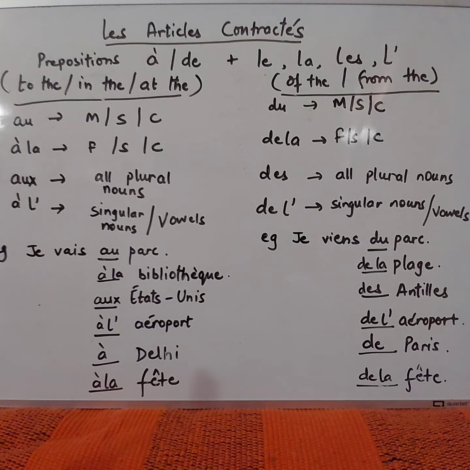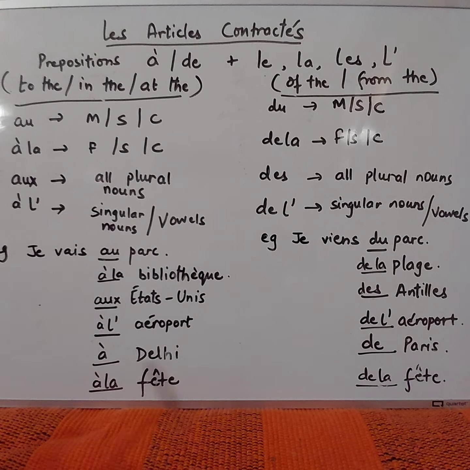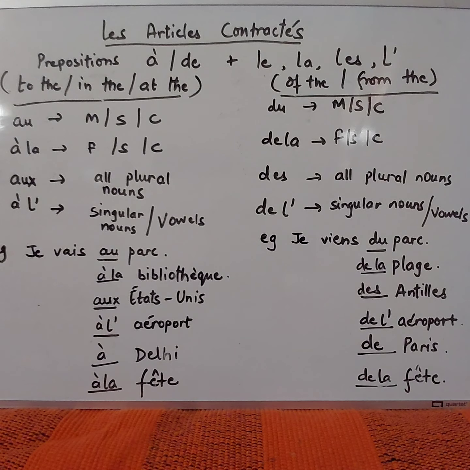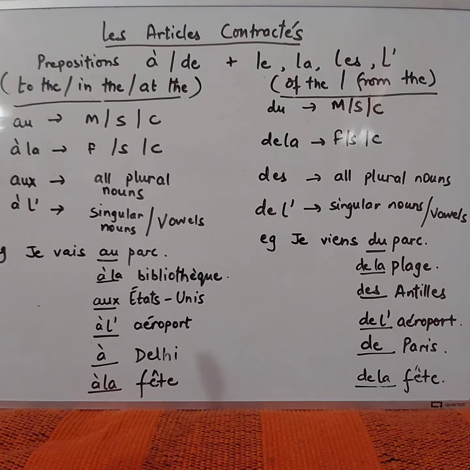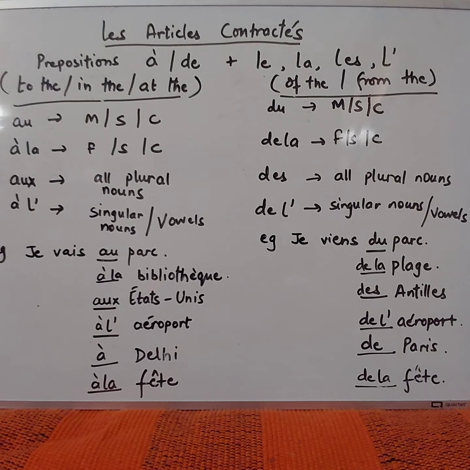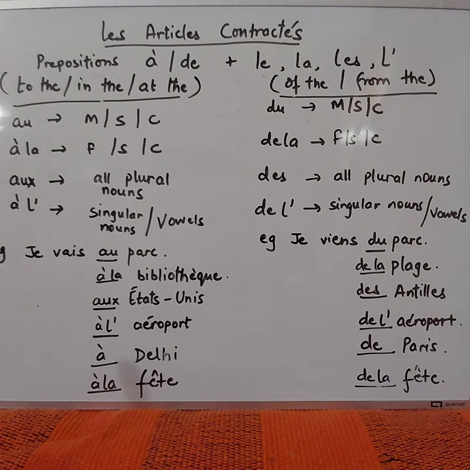So whenever we have to say to the, in the, or at the, we use au, à la, aux, or à l'. But when we have to say of the or from the in the sentence, we use du, de la, des, de l', right?